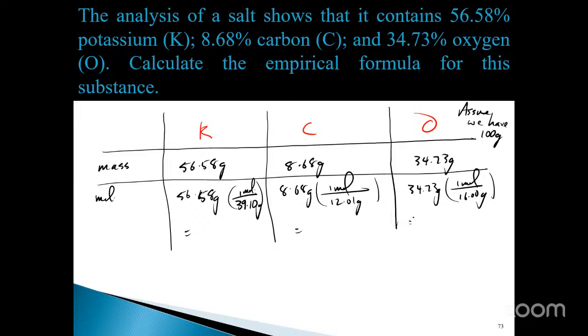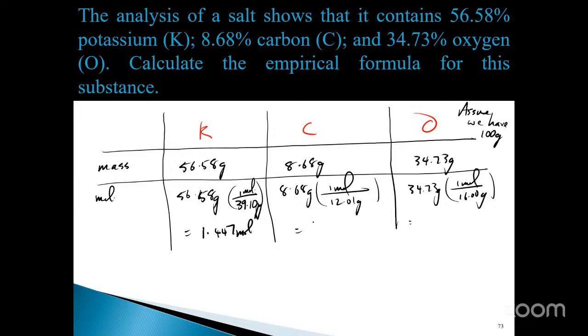So let me start off with the potassium, 56.58 divided by 39.10. According to my calculations, this works out to be equal to 1.447 moles, because the grams will cancel out.